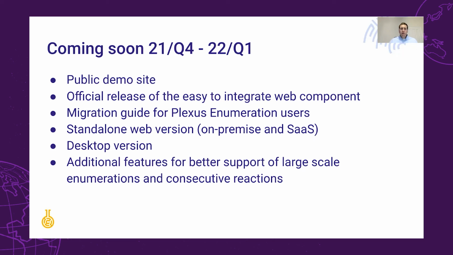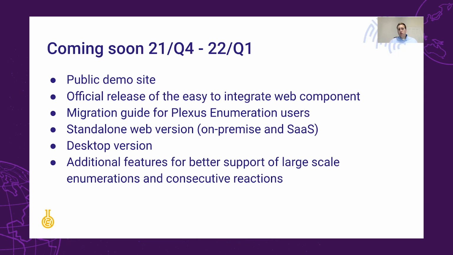This is an ongoing development. In the following 2 quarters, we would like to release a public demo site, and we also want to do the official release of the integratable web component. A migration guide for Plexus Enumeration users will also be created together with this new release. And later we will offer, based on the component, a standalone web version of Library Enumeration, and maybe a software as a service version of it.